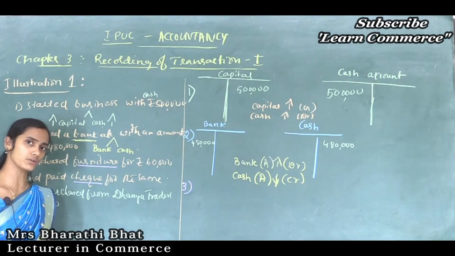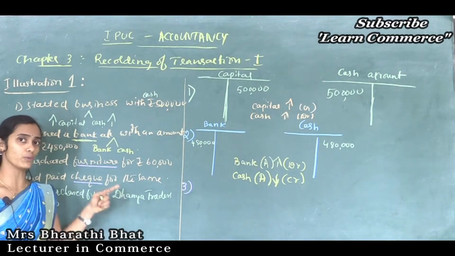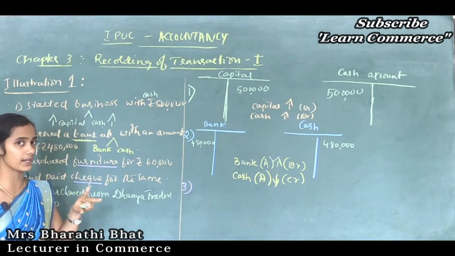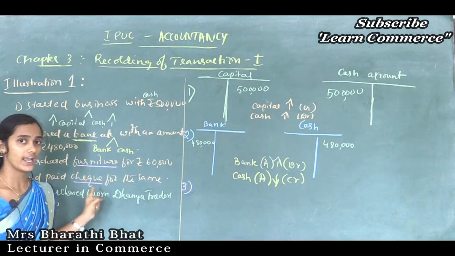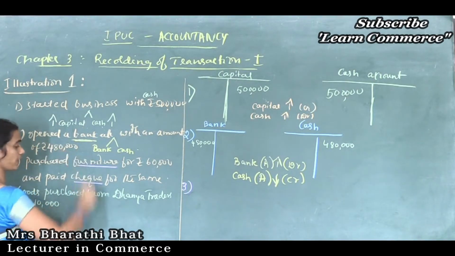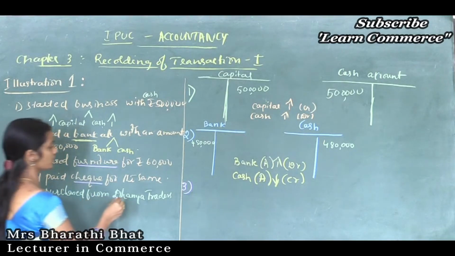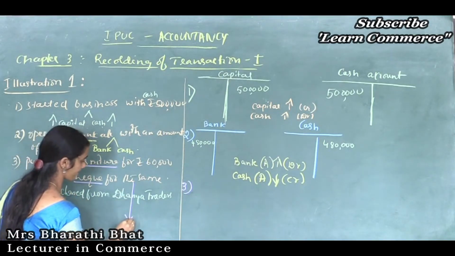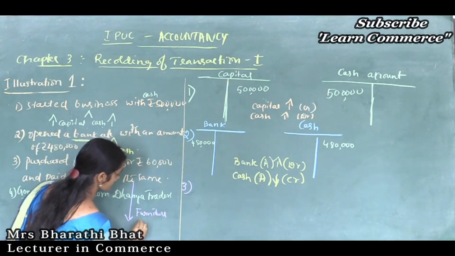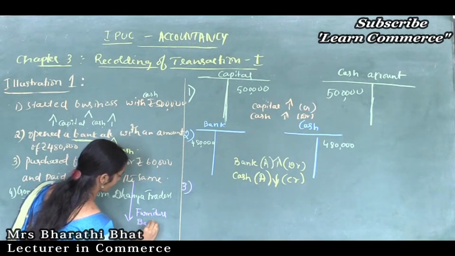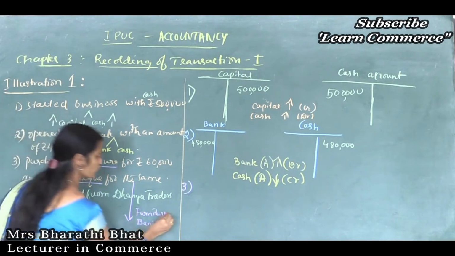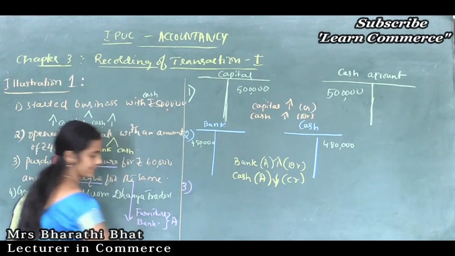Suppose you purchased furniture for cash, then the two accounts affected would be furniture and cash. Got it? So here the two accounts are very simple: one is furniture, another one is bank. So these two are also assets.